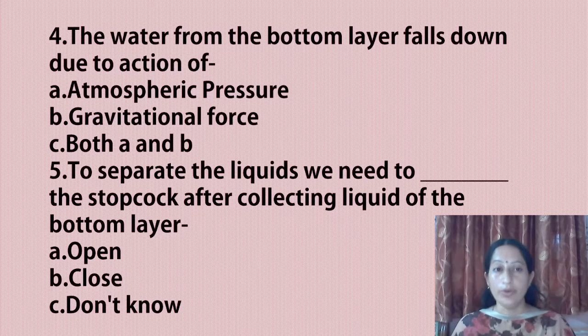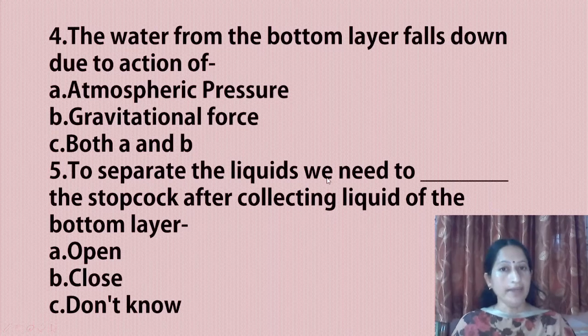If you don't know, you can go over the video parts again where I have explained this. Yes, the water from the bottom layer is falling down because of both A and B: the gravitational force pulling it down, and the atmospheric pressure from the top, which makes the liquid come down.